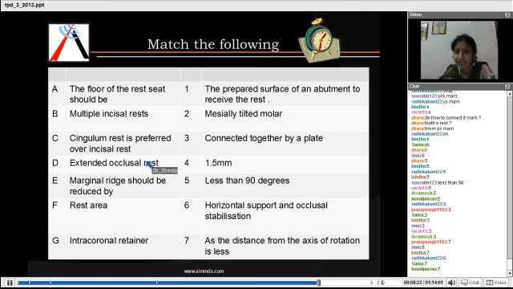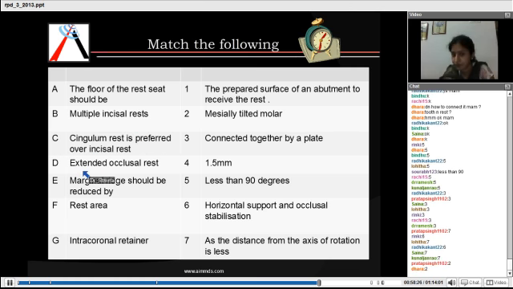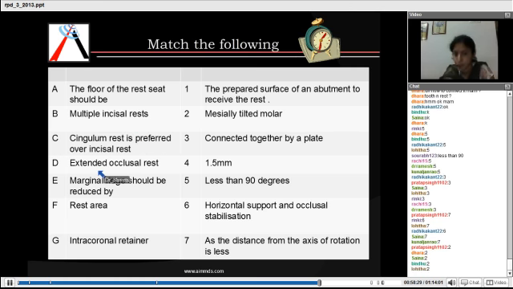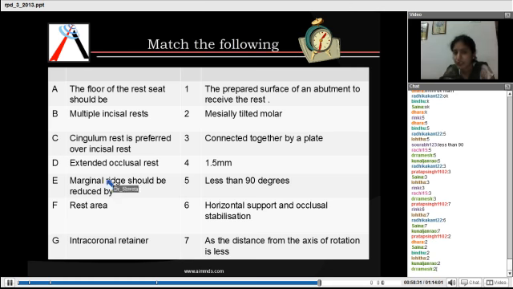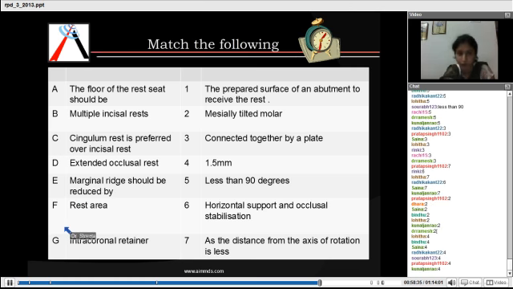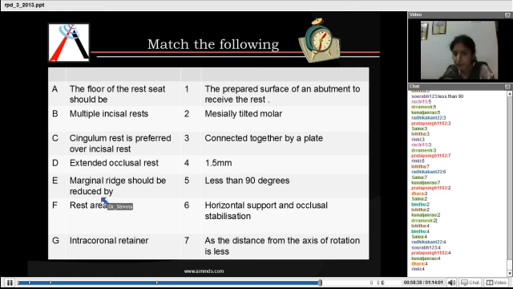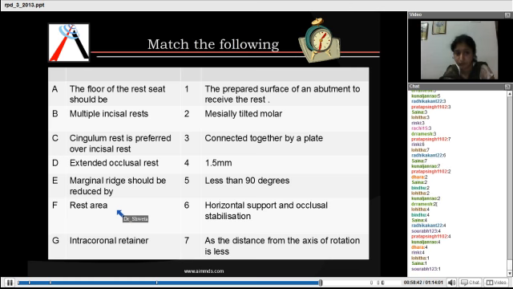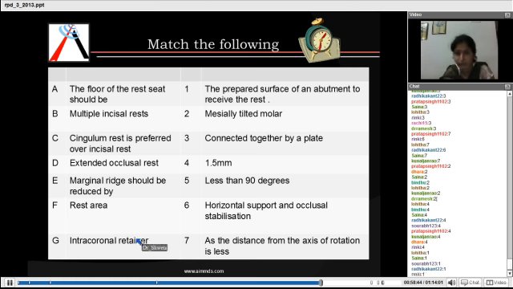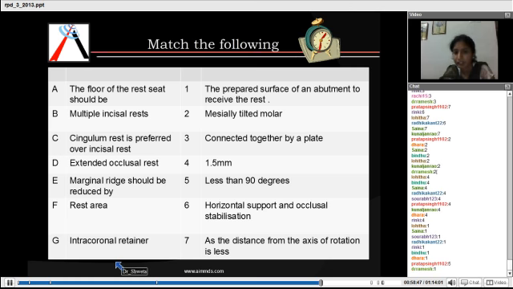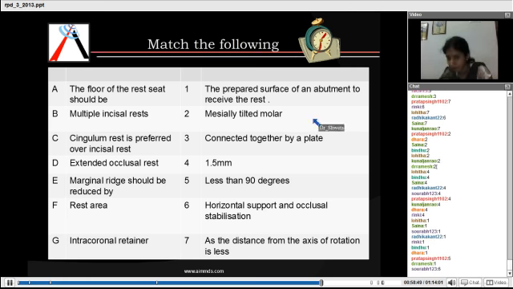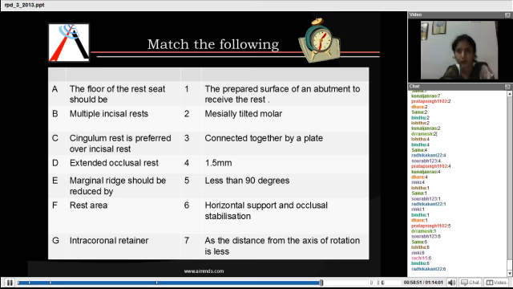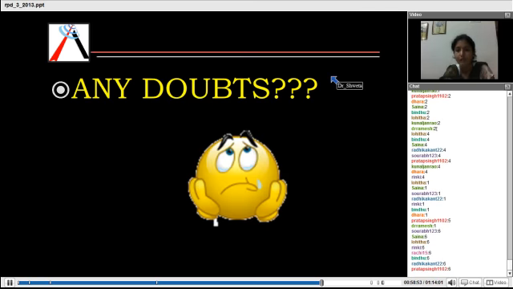Good. Extended occlusal rest is used in which case? 2. Good. Marginal ridge should be reduced by 4. Rest area, sorry, or the rest seat, 1. Yes. Intracoronal retainer provides what? Yes. It provides horizontal support and occlusal stabilization.